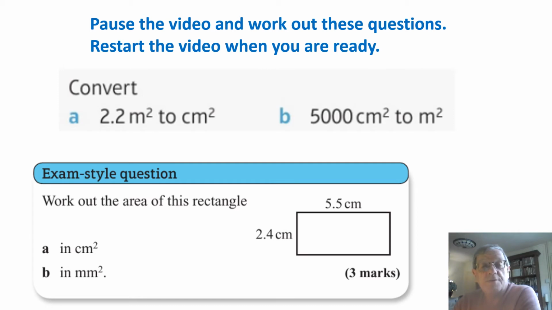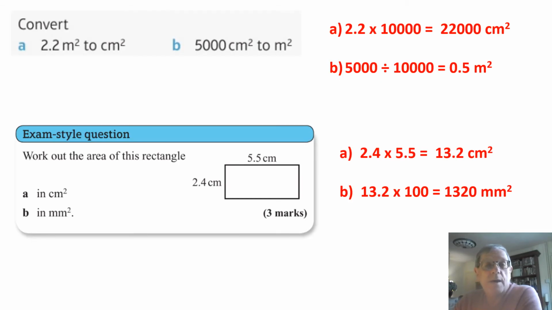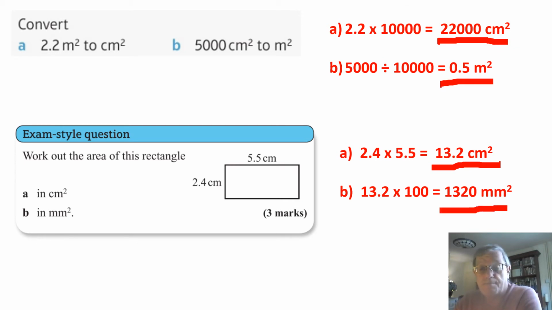Pause the video and try them. So, answers to A are 22,000 and B 0.5. The exam style question, multiplying the sides together gives me 13.2 square centimeters, and then timesing by 100, 1,320.